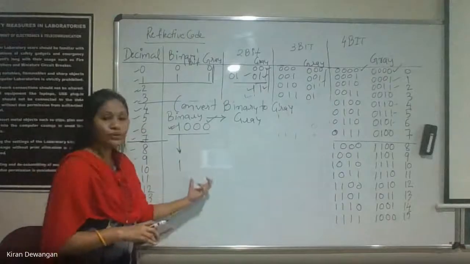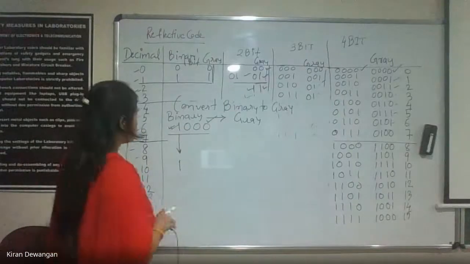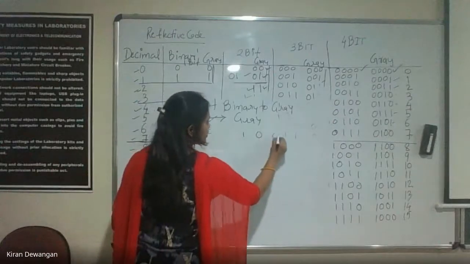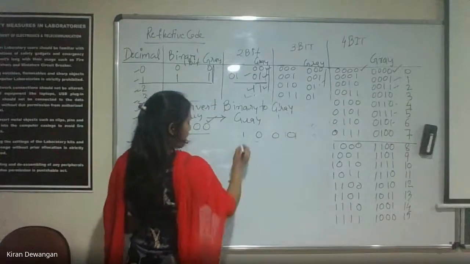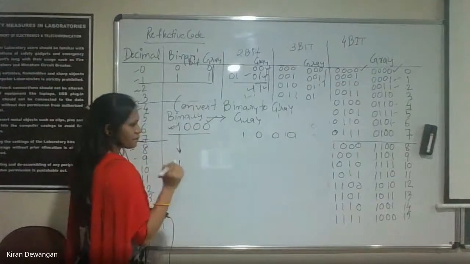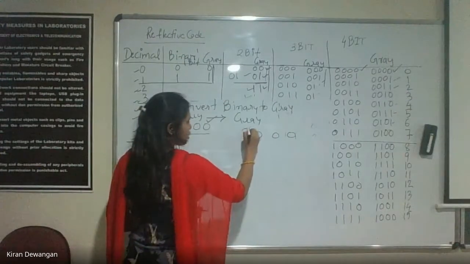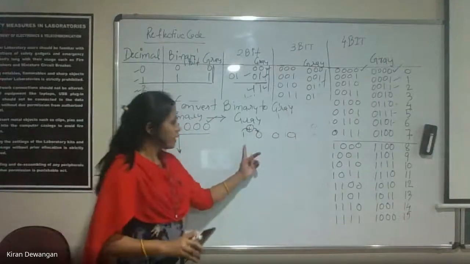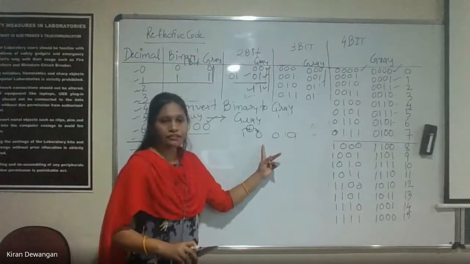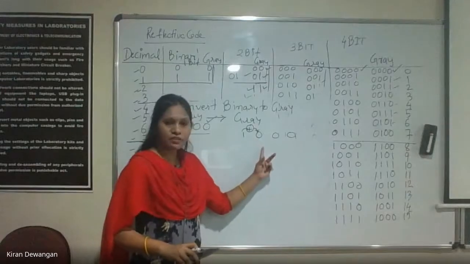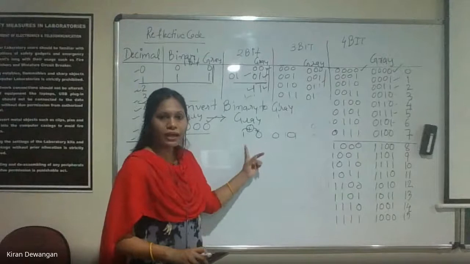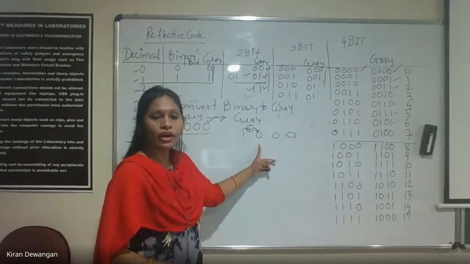Now we need to know about the rest of the bits. Now what we'll do is 1 0 0 0. We wrote this 1 as it is. Now we'll XOR these two bits, the MSB and the next significant bit. What is our next bit? In the binary, it is 0. 1 XOR 0, what is it?